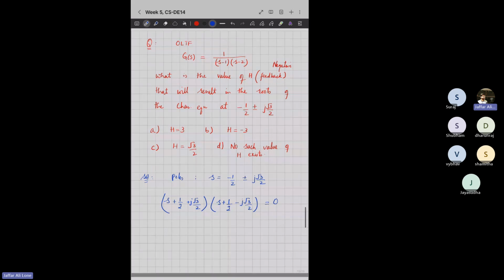So in this question, Suraj has actually solved it, and basically you just have to write this equation, solve it, you'll get some equation, and also find the characteristic equation from the closed loop transfer function. We did this question, then just compare. Then you'll find there will be no such value of H which is given in the options.